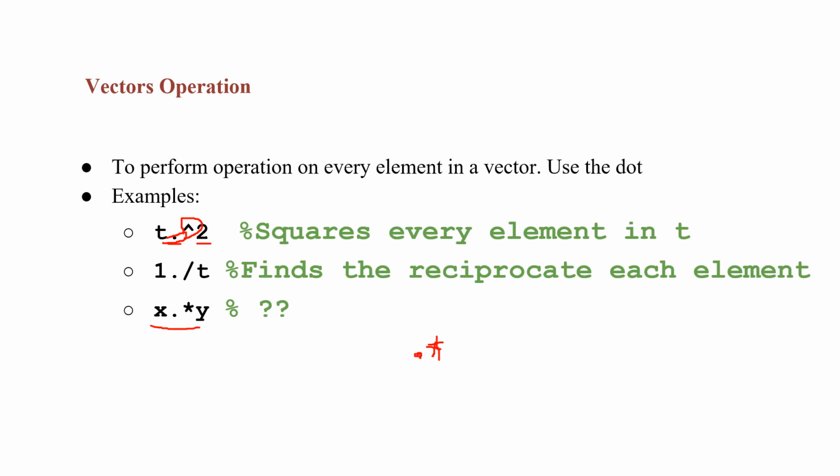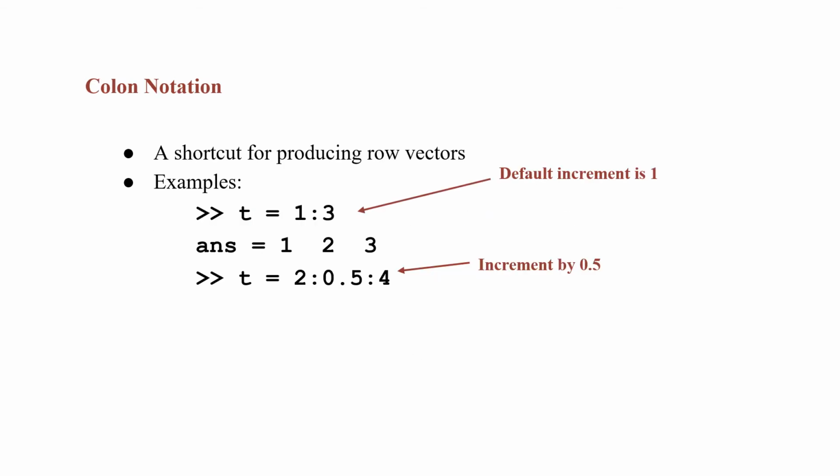All right. Next, we will look at the colon notation. The colon notation has multiple uses. One of its uses is to create row vectors with a specified increment value, specified starting value, and limit.